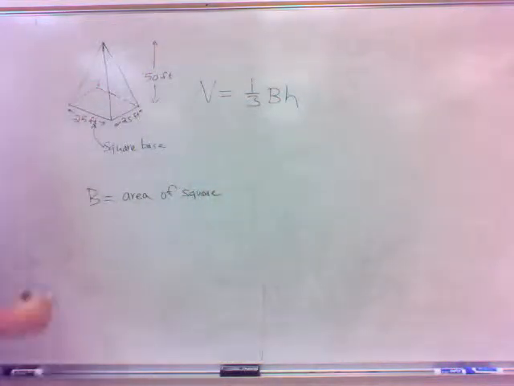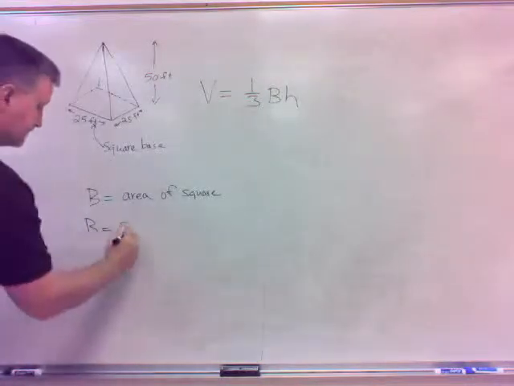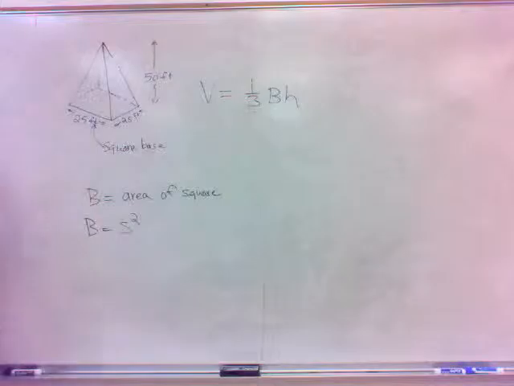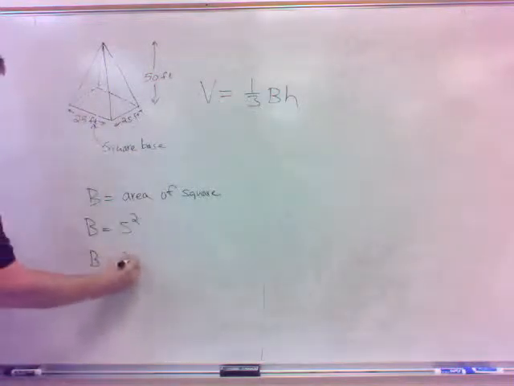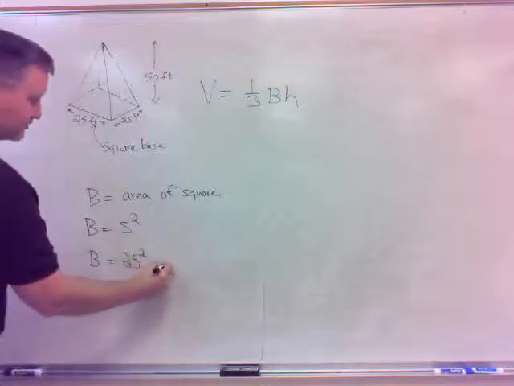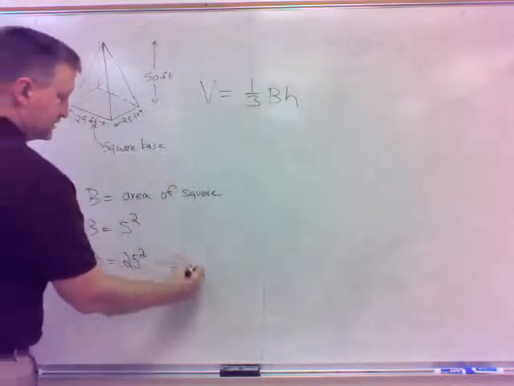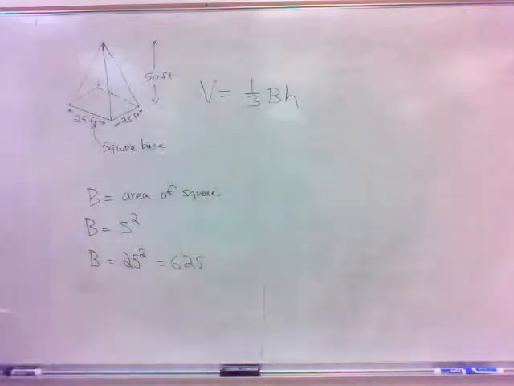What is the area of a square? Area of a square is S squared. So the formula in this case for big B is S squared. The side length is 25, so I'm going to do 25 squared. 25 squared is 625, I do believe. With me on that?